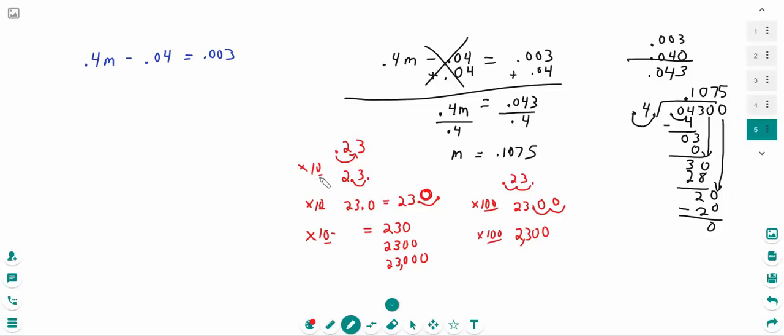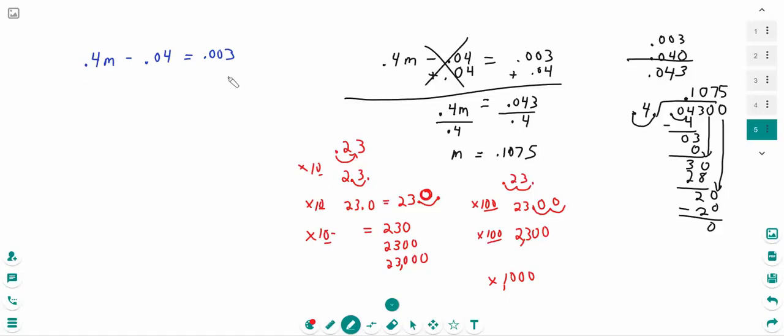So in this case, there's only one 0, we move one position. Here there are two zeros, we move two positions. If we multiplied by 1,000, there are three zeros, we would move three positions, and so on and so forth, right?